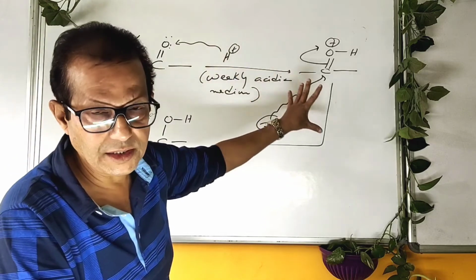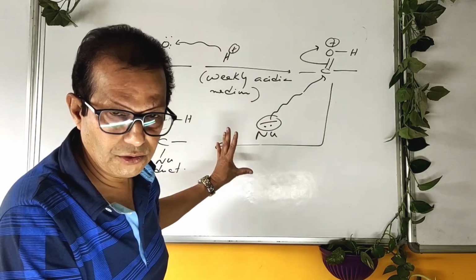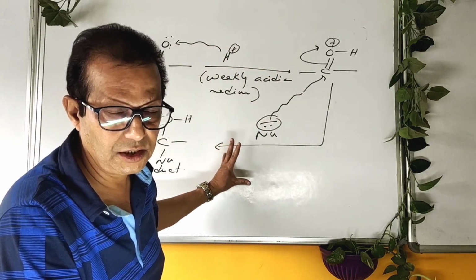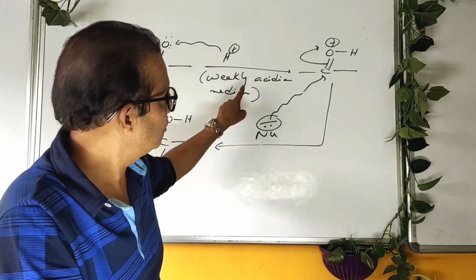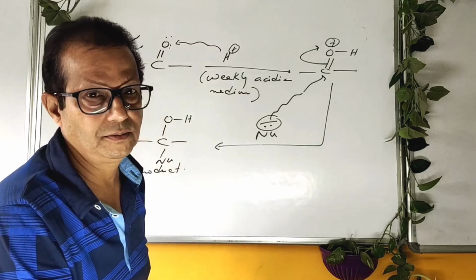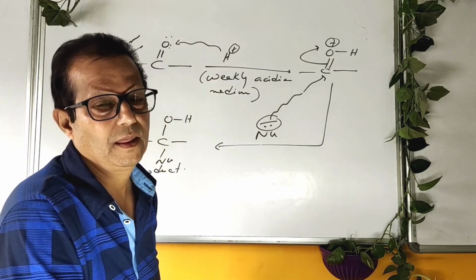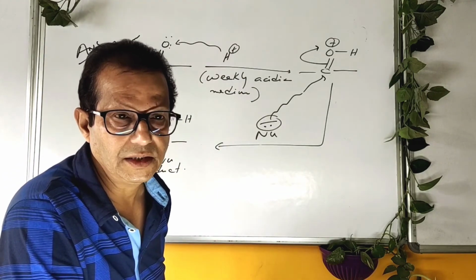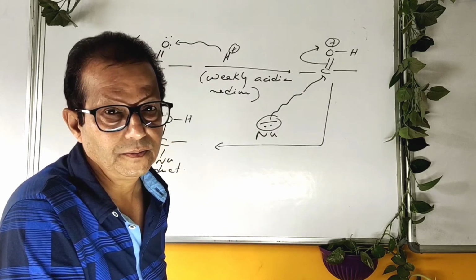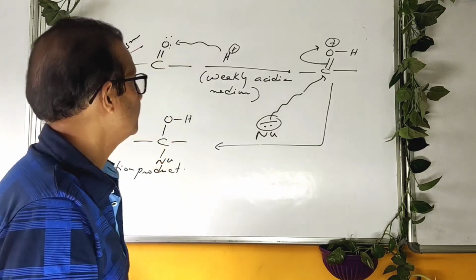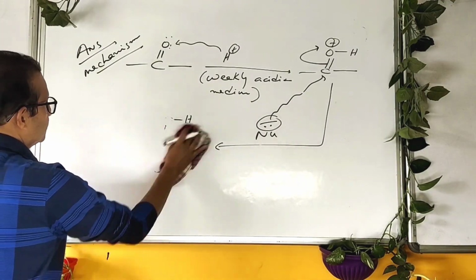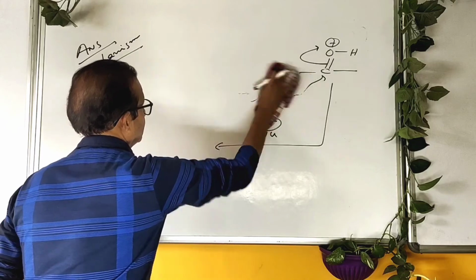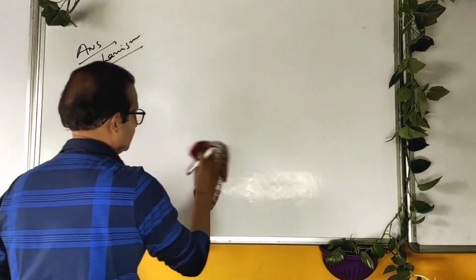This is the main mechanism of nucleophilic addition reaction of aldehydes and ketones in weakly acidic medium. But if the reaction takes place in strongly acidic medium, what happens? Continuation and answer, okay?